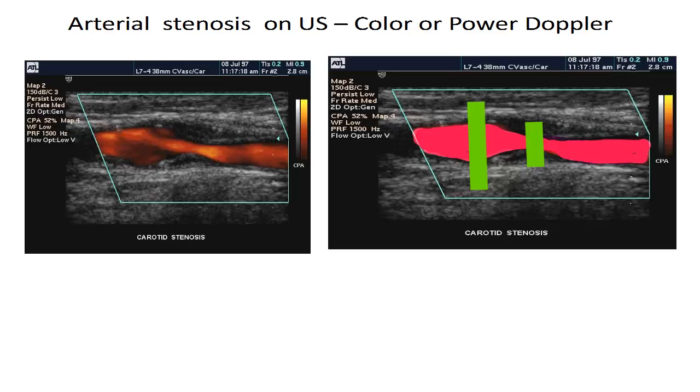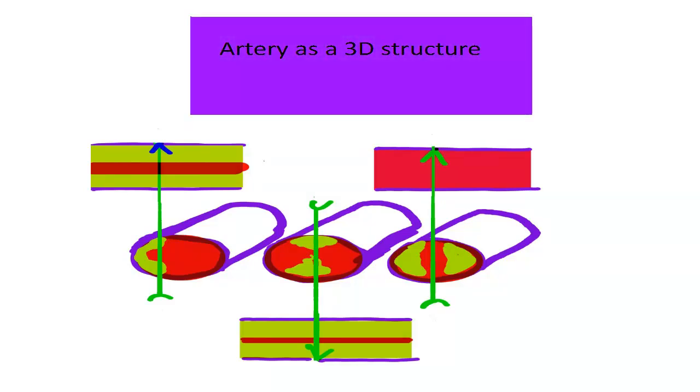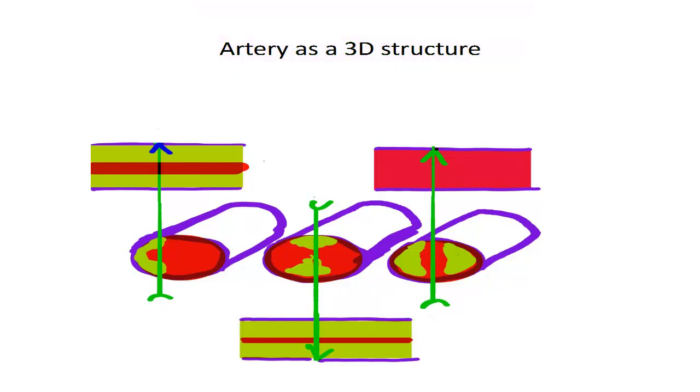But unfortunately this is not true. The artery is a three-dimensional structure, and if you look only at the color record of the flow in the artery, you could sometimes be misled.